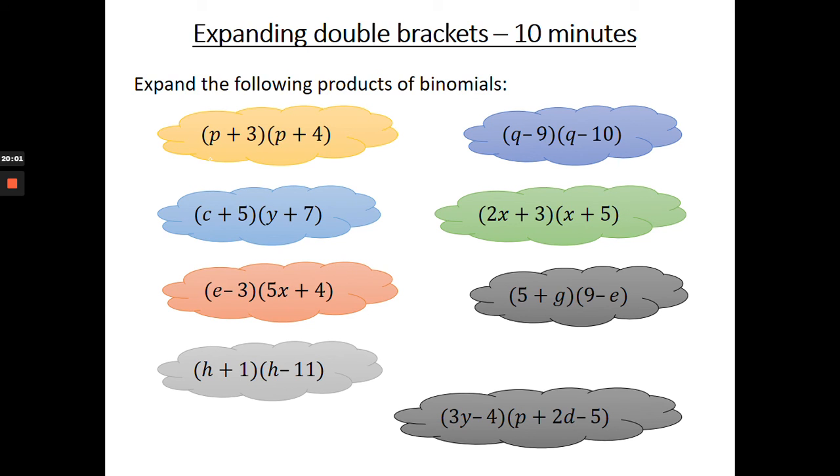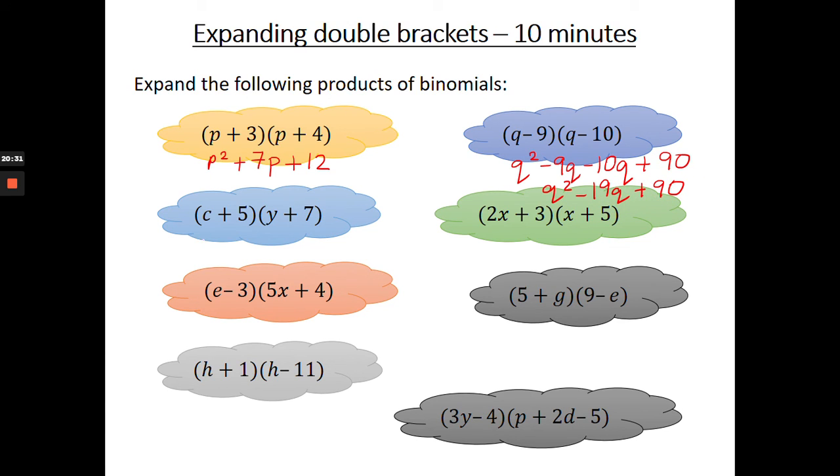Okay, the first one is going to give me p squared plus 3p plus 4p, which gives me 7p plus 12. This one is going to give me q squared minus 9q minus 10q plus 90. And this can simplify down to q squared minus 19q plus 90.